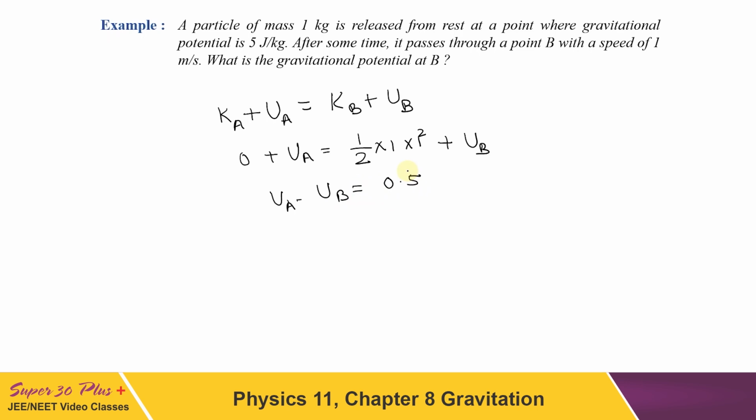Now since it is asking for potential, we have to divide the terms by mass, and then (UA minus UB) upon m will be equal to 0.5 upon 1 joule per kg.